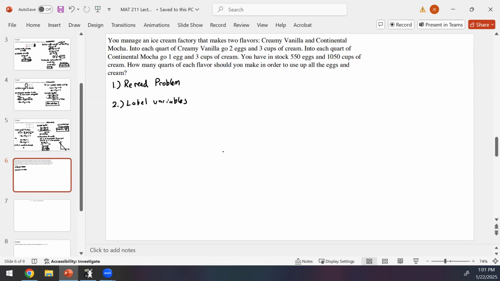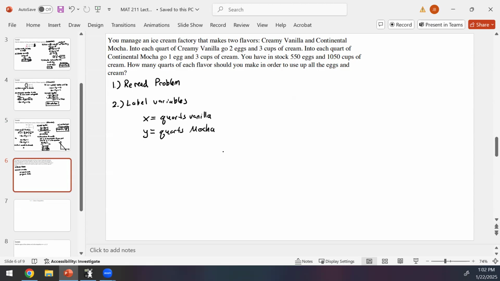So X will be the quarts of vanilla, and Y will be the quarts of mocha. Now, if you're wondering what if I got it backwards for some reason, that's fine, you'll get the correct answer.